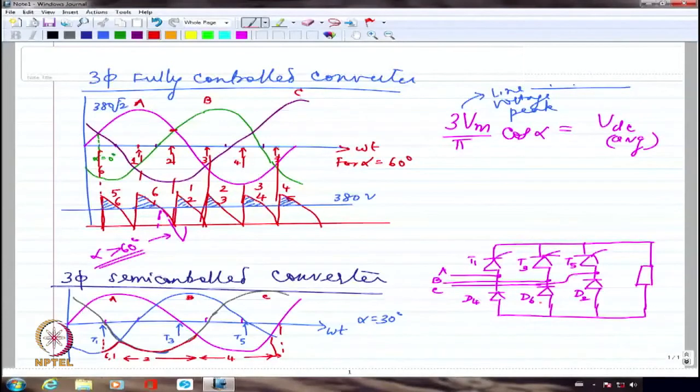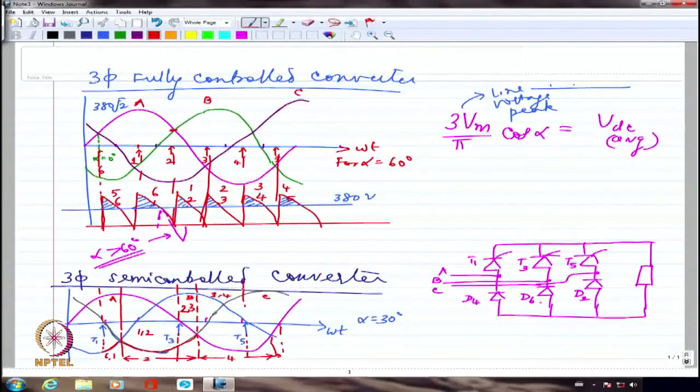Let me try to write the duration. This is the duration for which 6 and 1 will conduct, and this is the duration for which 1 and 2 will conduct. This is the duration for which 2 and 3 will conduct, whereas this is the duration for which 3 and 4 will conduct.